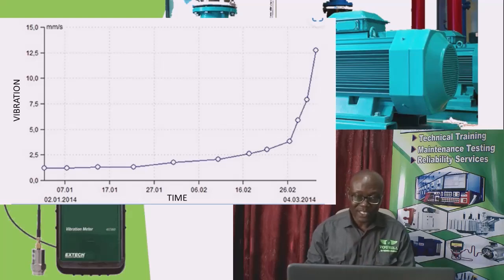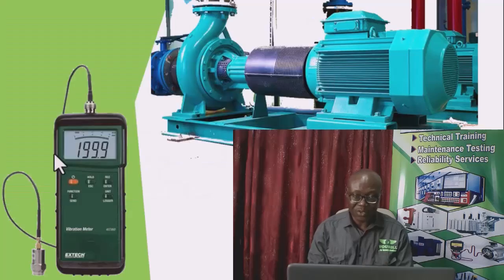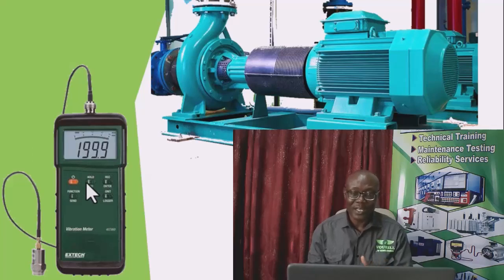And what is actually guiding this is the bathtub curve. Okay, so as that parameter, that is the vibration level that we are looking at, is entering the PF area, that is the point of potential failure and eventual failure area, we will see it with the handheld vibration meter that gives us the overall vibration level.